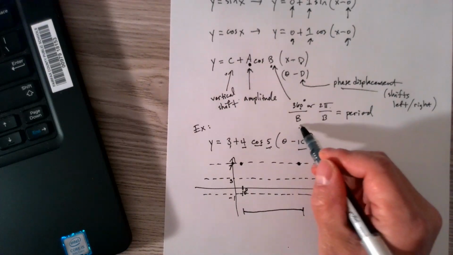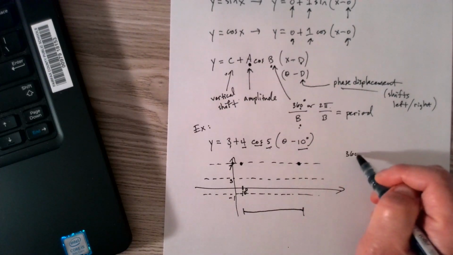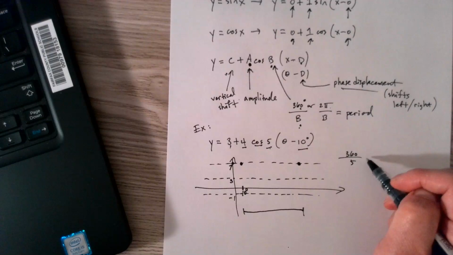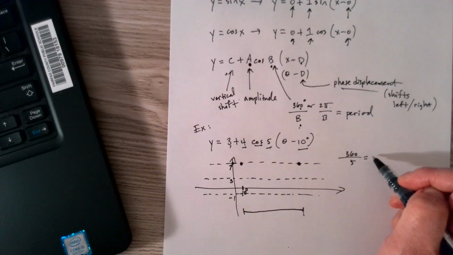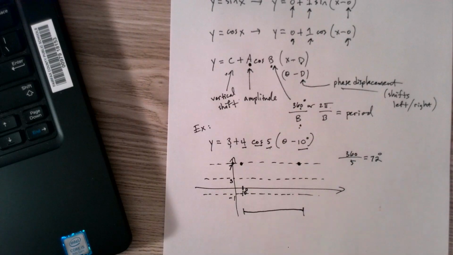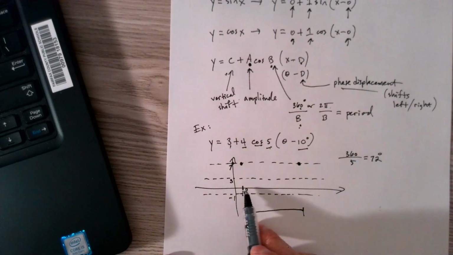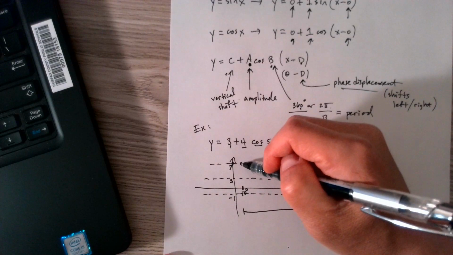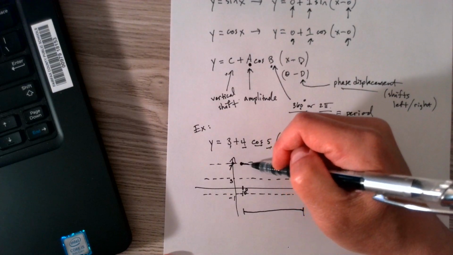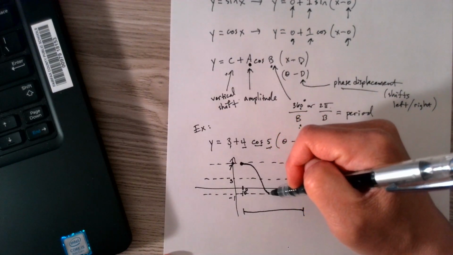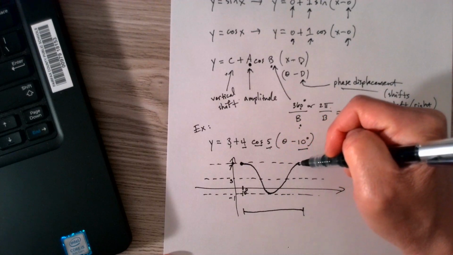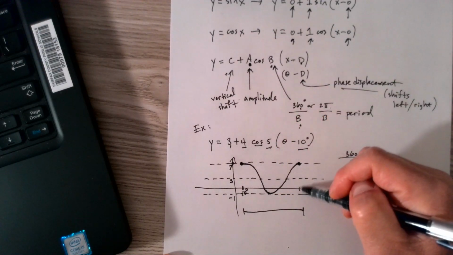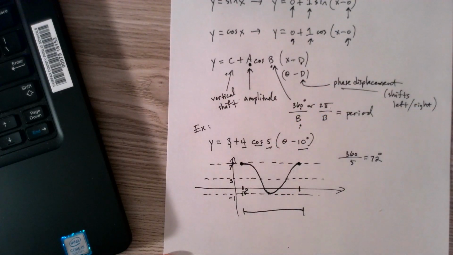It's right here. 360 divided by 5 gives me 72 degrees. So that means this first cycle, which I will now draw, takes 72 degrees to happen.